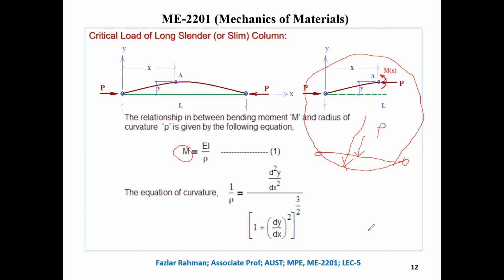That means the curvature, radius of curvature, 1 by rho. You see, if the radius decreases, then what will happen? Say this is a curve, and it has a radius rho. If rho decreases, then the curvature 1 by rho will increase.